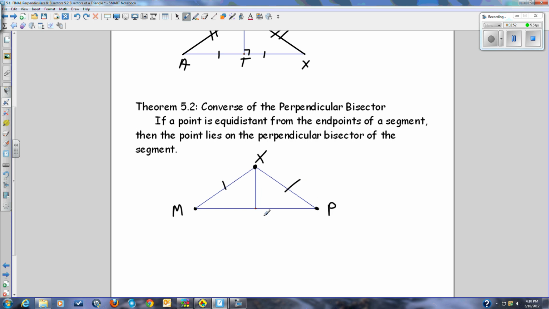Then the point lies on the perpendicular bisector of the segment. So this line here must be the perpendicular bisector. Let's call this point O. So we'll say XO is the, I'm going to abbreviate this, perpendicular bisector of MP.